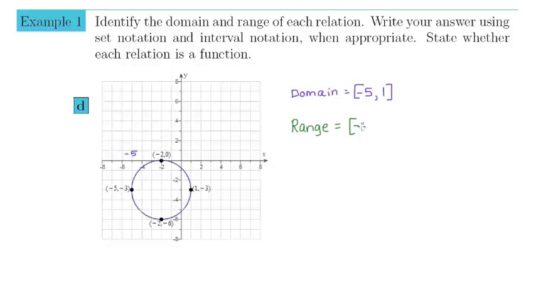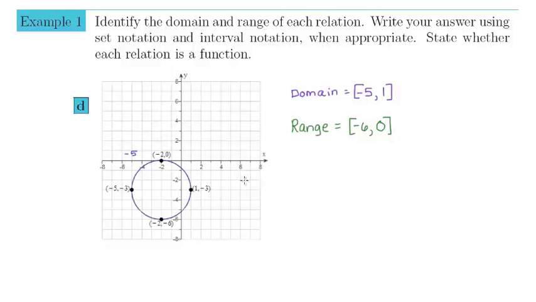So our range starts at -6, and then it goes all the way up, and this is the highest point on our relation in terms of y values. The highest point corresponds here on the y-axis to 0. So we say that our range is from -6 up to 0. We read the range along the y-axis, just as we read the domain along the x-axis.